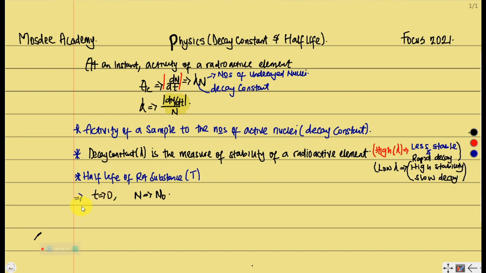We now say at a particular time that half of the radioactive substance has decayed, which you call half-life in your early classes. I know everybody can define half-life, and if you don't know, it is the total time taken for half of a radioactive substance to decay. At that point, when half of the substance has decayed, we denote that time as half-life, using capital letter T. The number of nuclei remaining at that time will be half of the initial value. We take it as N naught by 2.